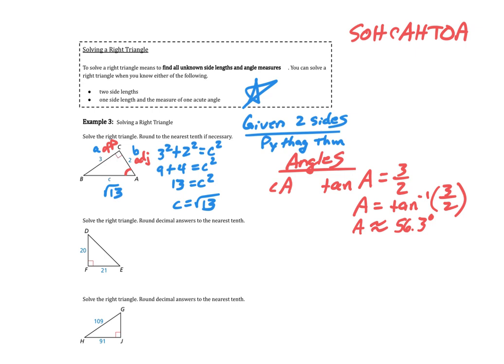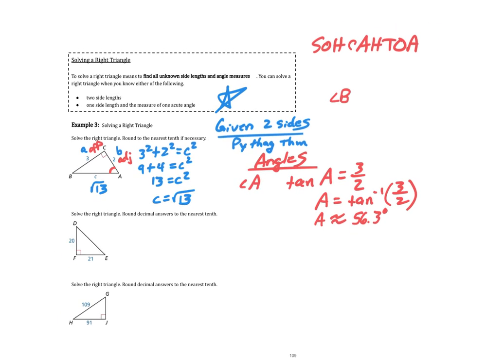Okay, now, if I wanted to find B, the easy way to find B is to subtract it from 180. I just want to show you this real quick, okay? If I wanted to find angle B, then I could also do a trig function. I could do the tangent of B. And if I go from angle B, now this one is opposite and this one is adjacent.